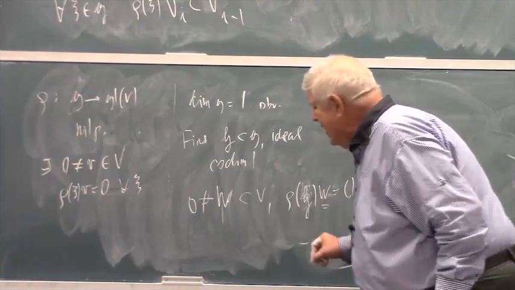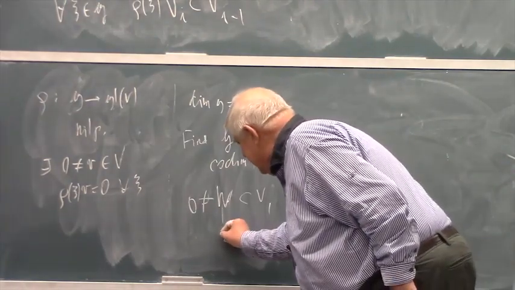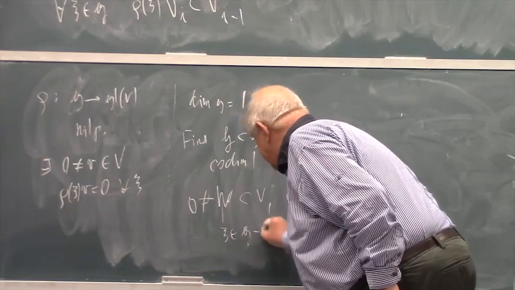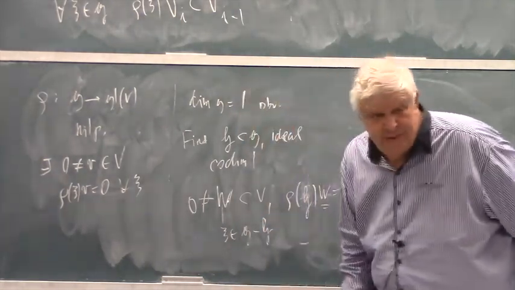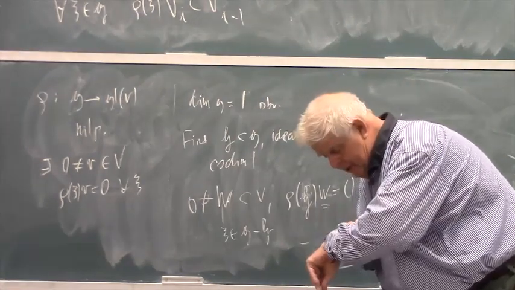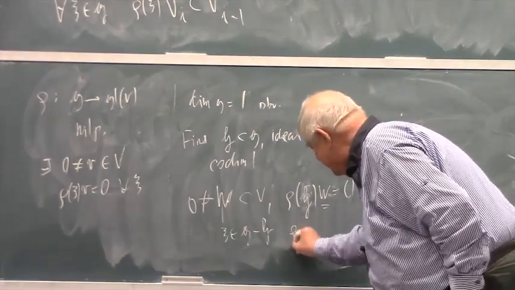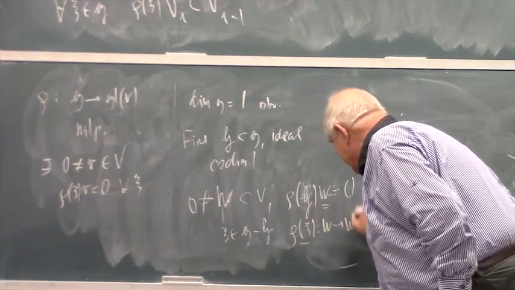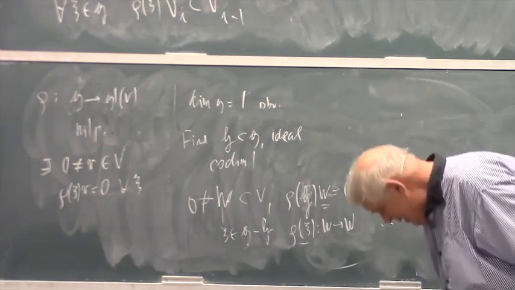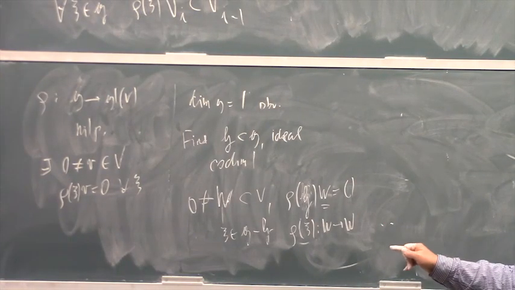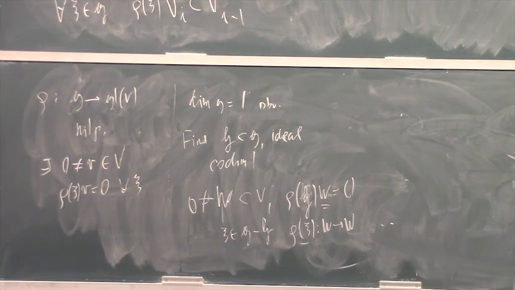Now, take any element C in G minus H, so any element of G which is not in H. Then we can easily prove, though I don't have time for this today, that W is invariant with respect to rho of C. This becomes a nilpotent operator in some vector space, and it has a zero vector.